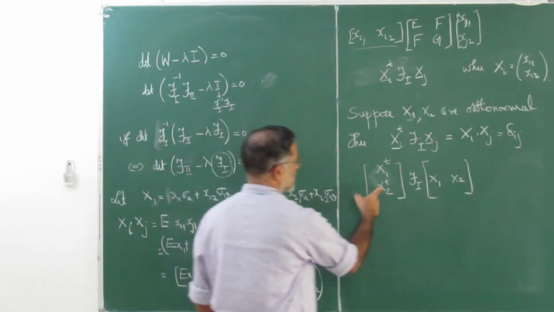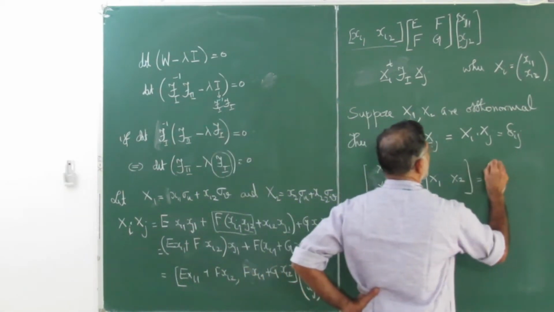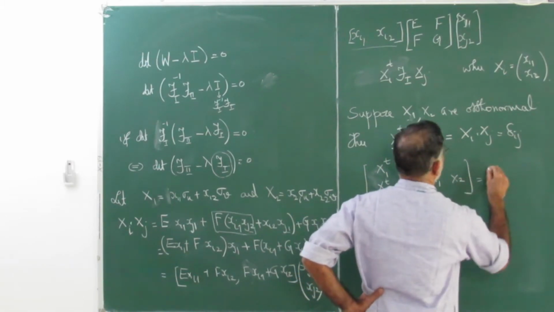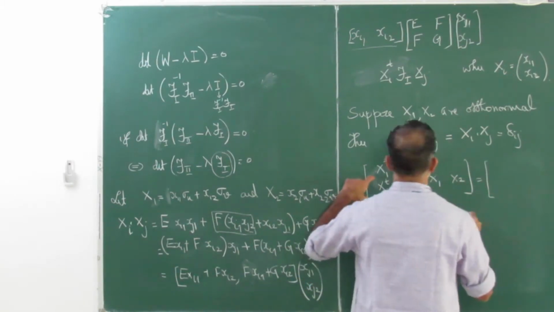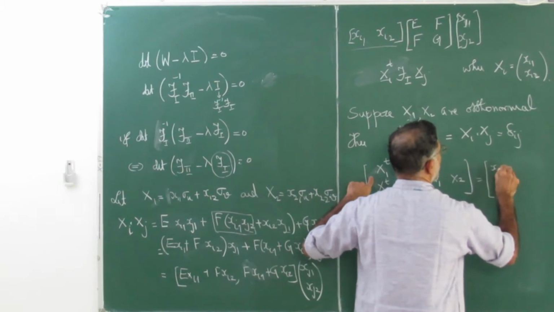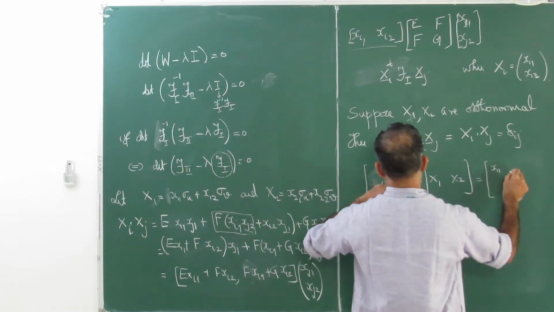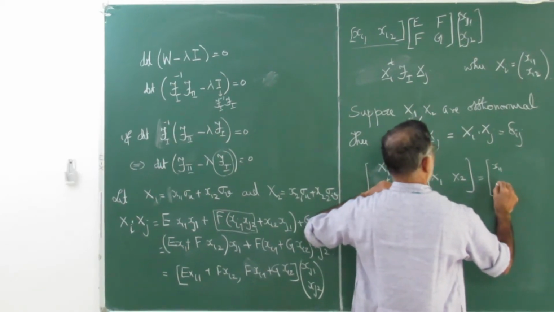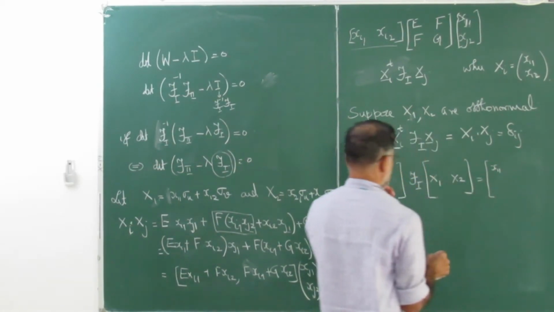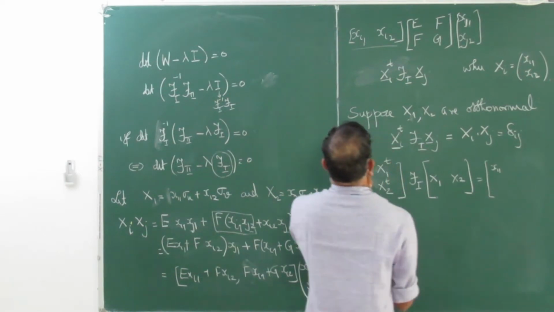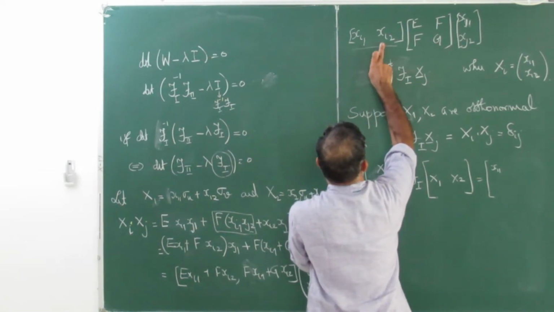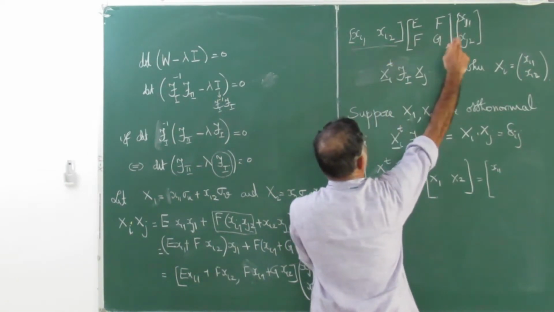So this is actually, if you write it, the first one is x11, x12, and this is the other way.